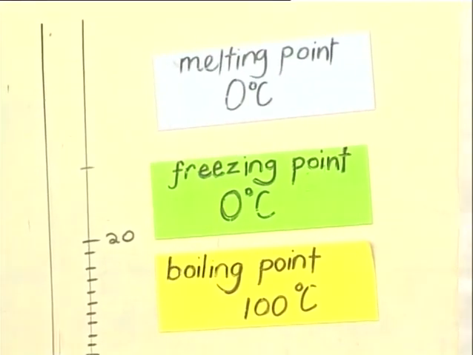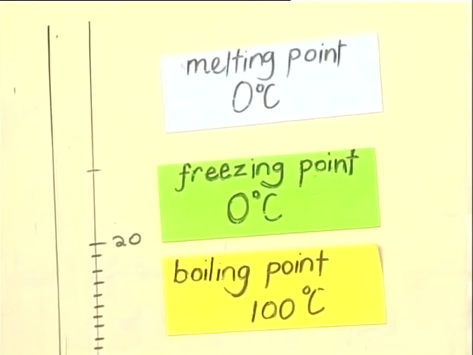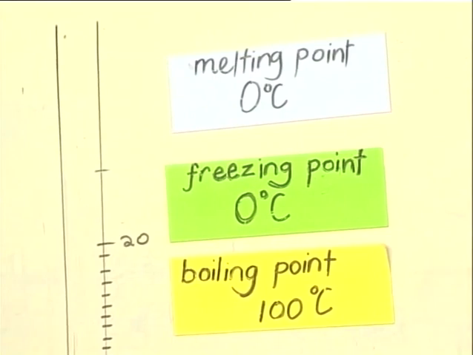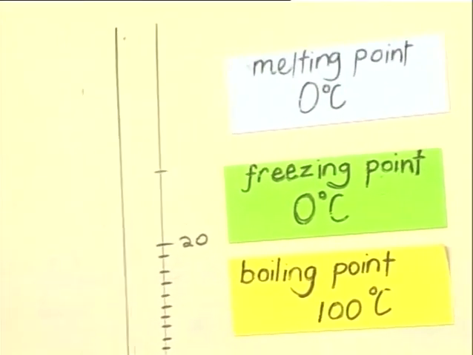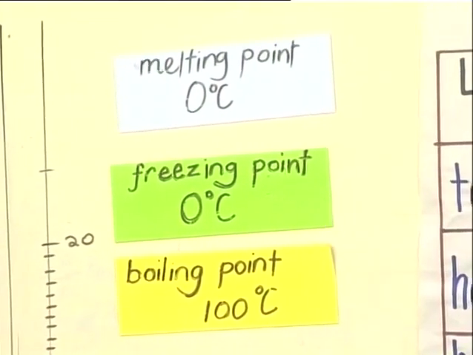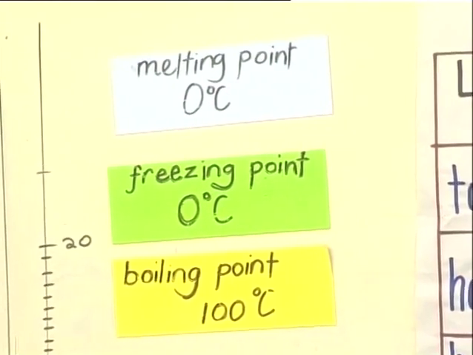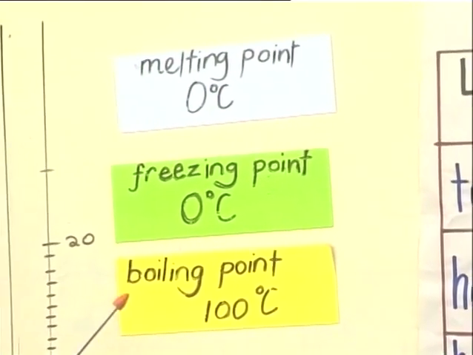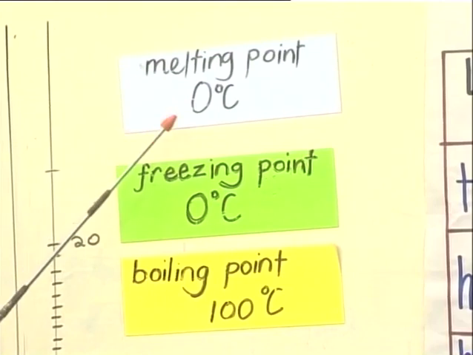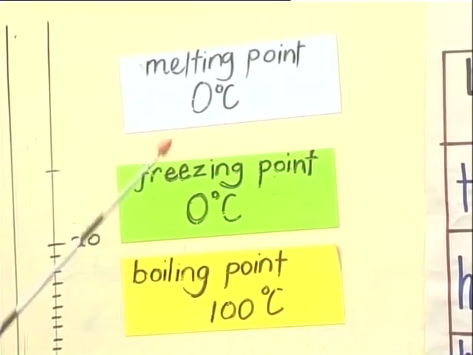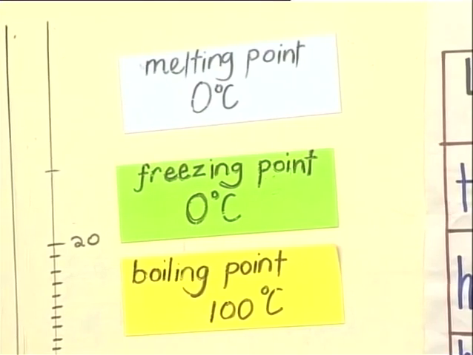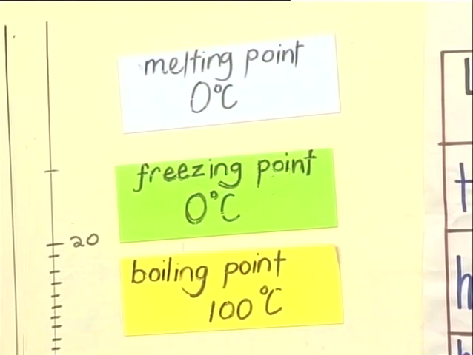When you boil your water in the house, it boils at what temperature? 100 degrees Celsius. It doesn't go 101, 102, no. Water always boils at 100 degrees. And water also melts. When it melts, it's at 0 degrees. And when the water turns into ice, it turns into ice at what degrees? 0 degrees.